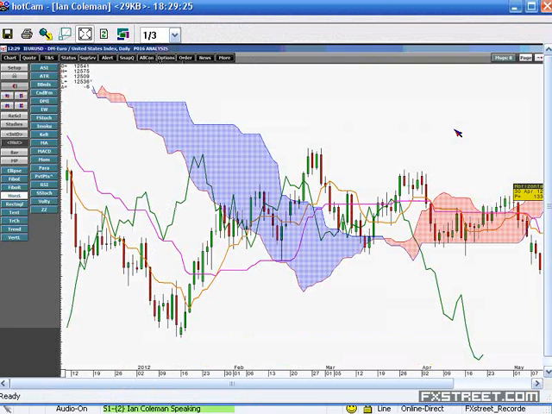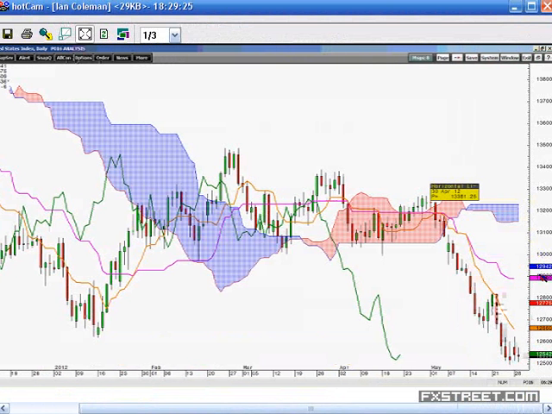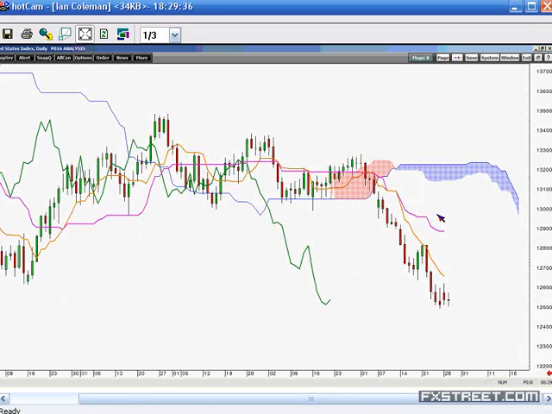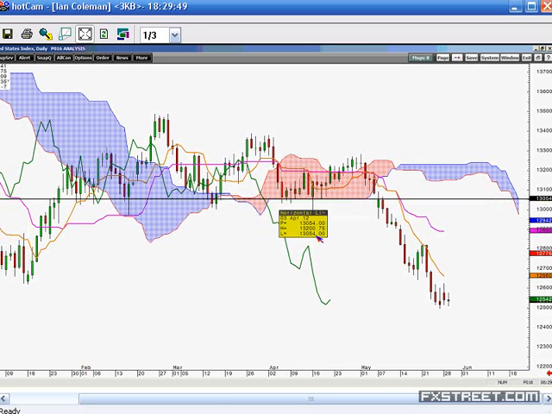Okay, so this is when I was saying we're better off having a chart with just issue on, because I want to highlight the Zen lines. And here is our support. Okay, it just refused to break to the downside.